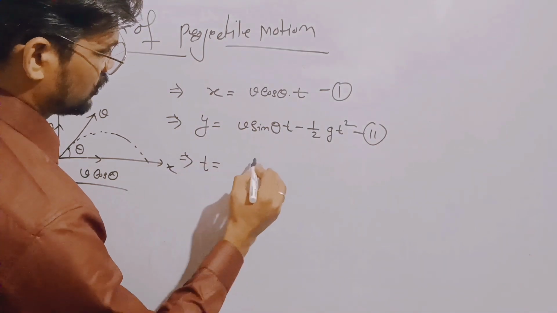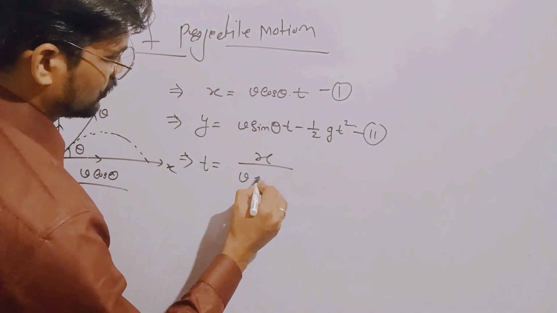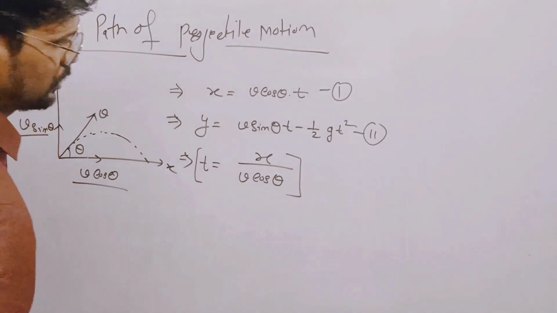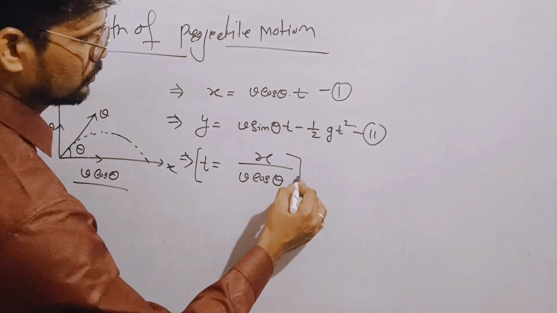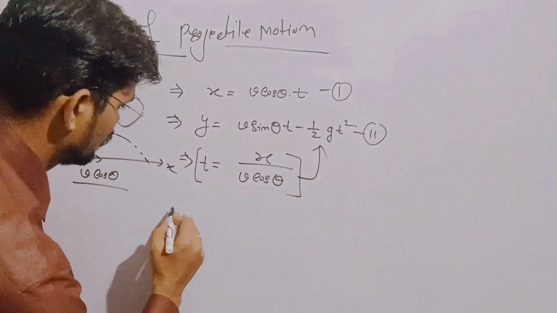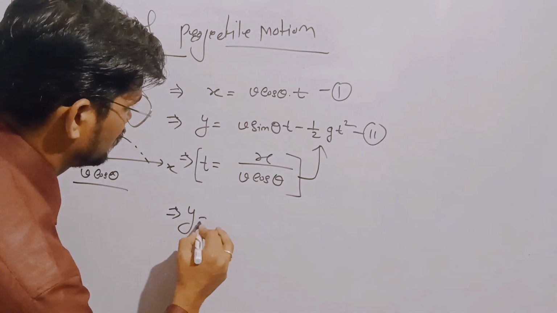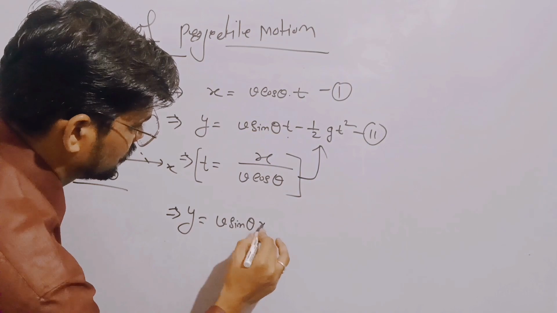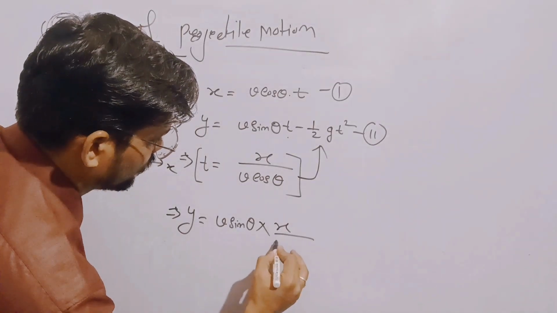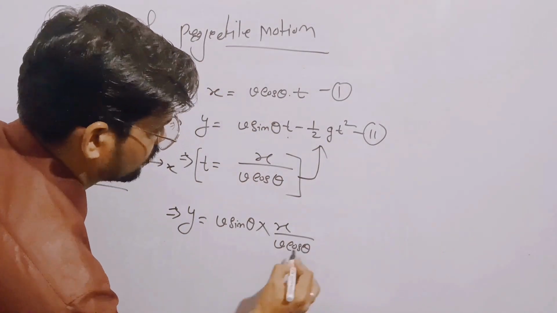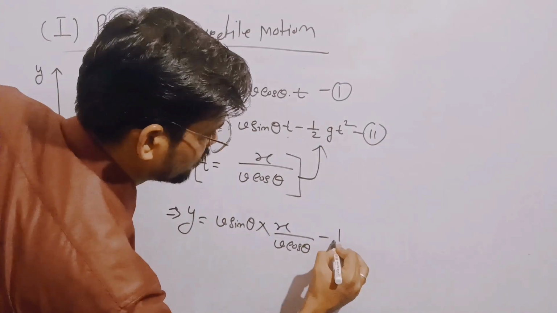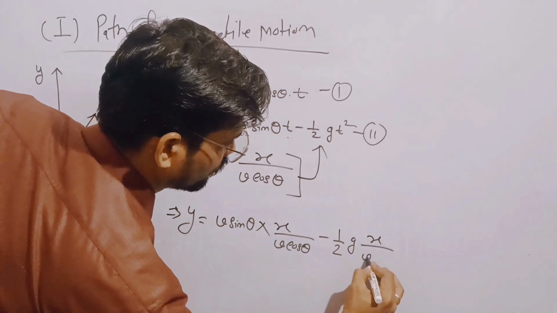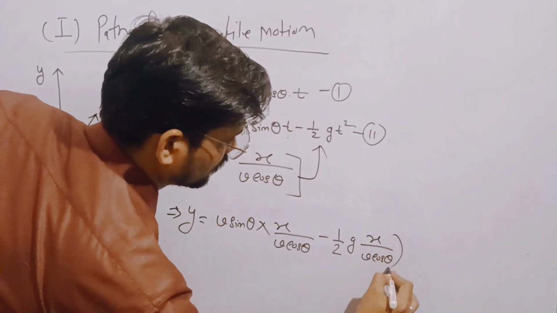From equation number 1, t is equal to x upon v cos theta. So put it in equation number 2: y is equal to v sin theta into x upon v cos theta minus 1 upon 2 g into (x upon v cos theta) whole square.